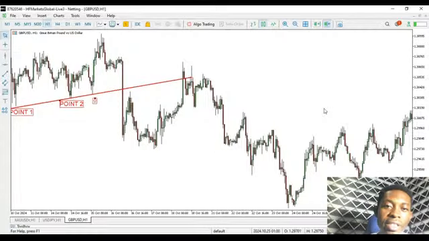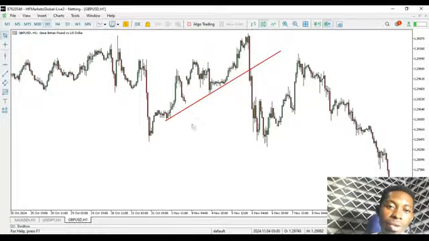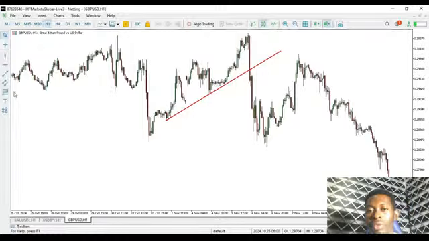There's another example here. Okay, this is the first touch. This is another touch, and then you have point one, then point two.